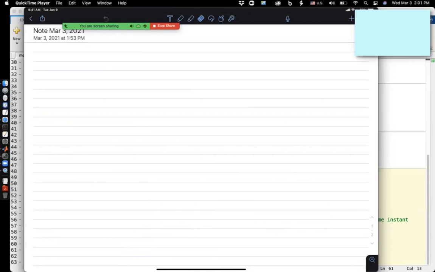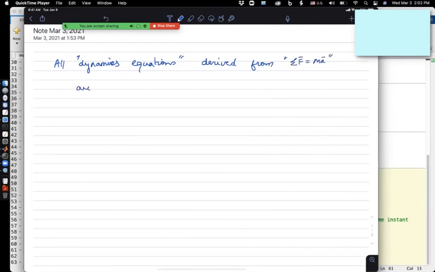Okay, so how does one solve differential equations in MATLAB? Well, first of all, let's say something. All dynamics equations, so to speak, derived from quote unquote sum of forces equals ma, are differential equations.